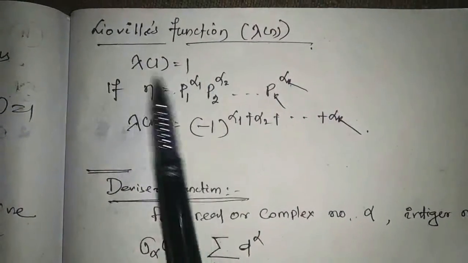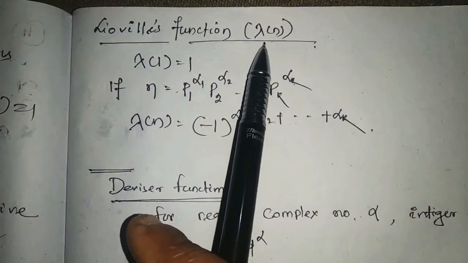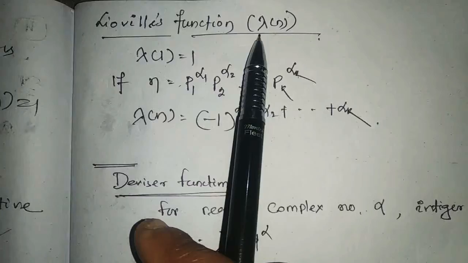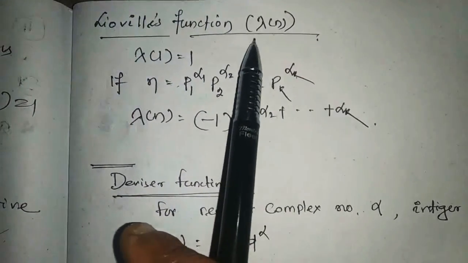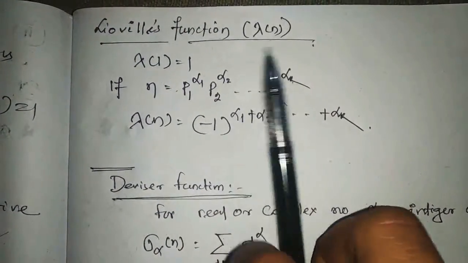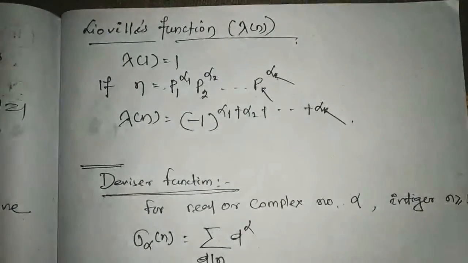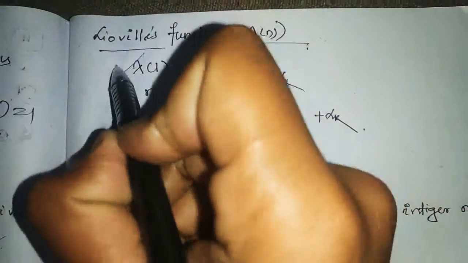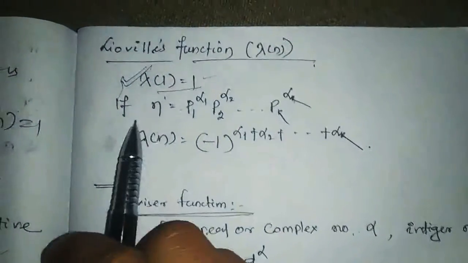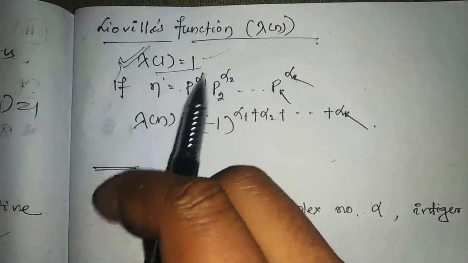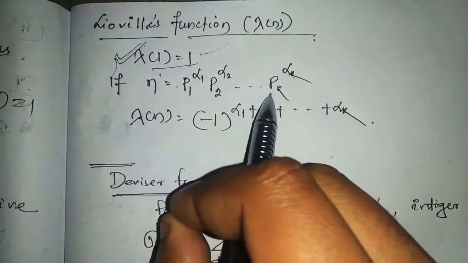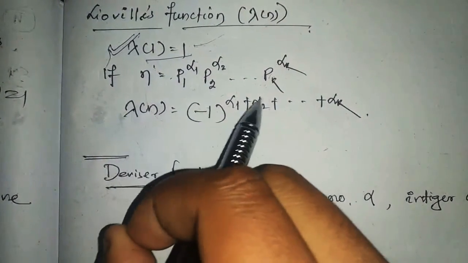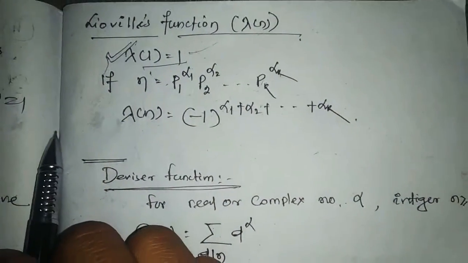Now the another function is the Liouville function. This is the small lambda. In this video I discuss the Mangoldt function, which is denoted as capital lambda, but the Liouville function is denoted as small lambda, and small lambda of 1 is equal to 1. This is the definition. If n is equal to p1 alpha 1 p2 alpha 2 into pk alpha k, then lambda of n is equal to minus 1 to the power of alpha 1 plus alpha 2 plus ... alpha k.